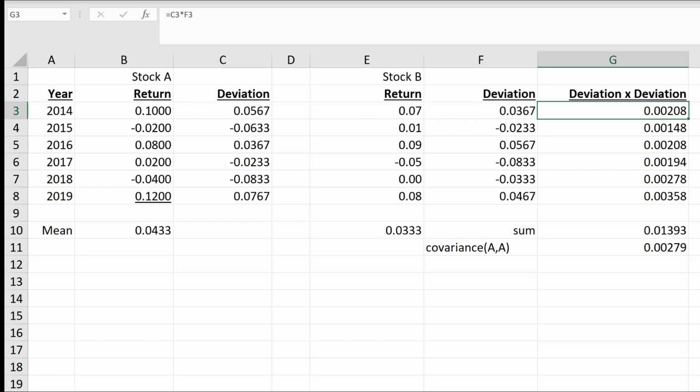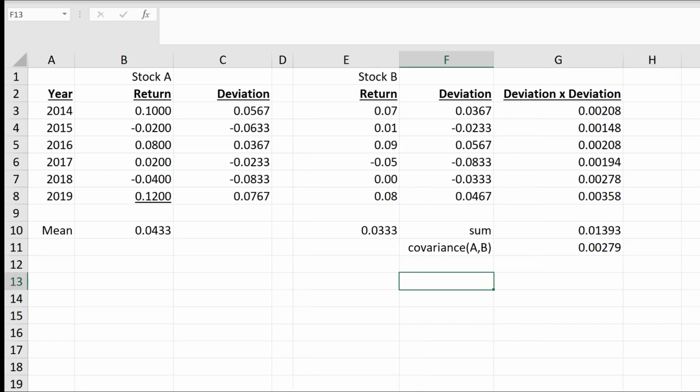And so that's what we get here. And so then we can add those in this column, and our sum is now the sum of these cross deviations. And so this is no longer the covariance between A and A, it's the covariance between A and B. And so there is our covariance.